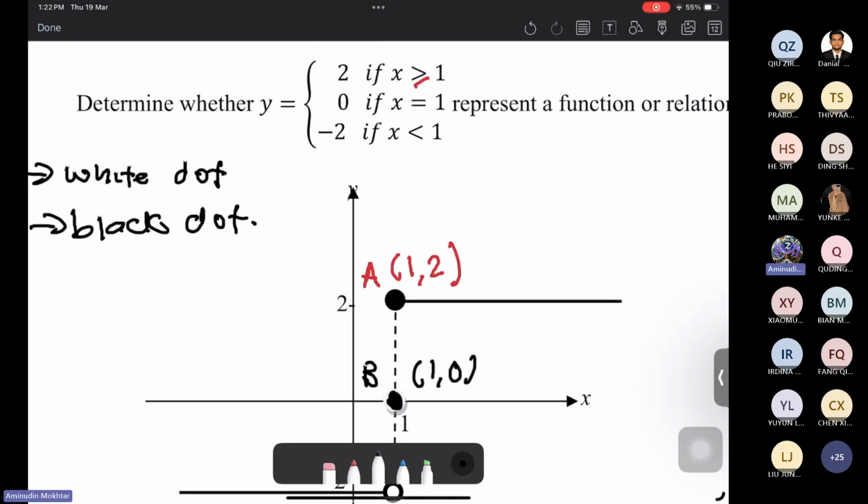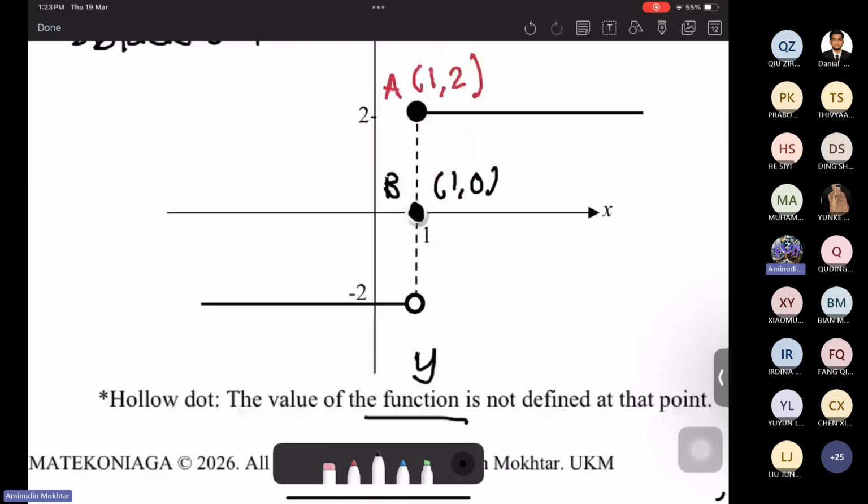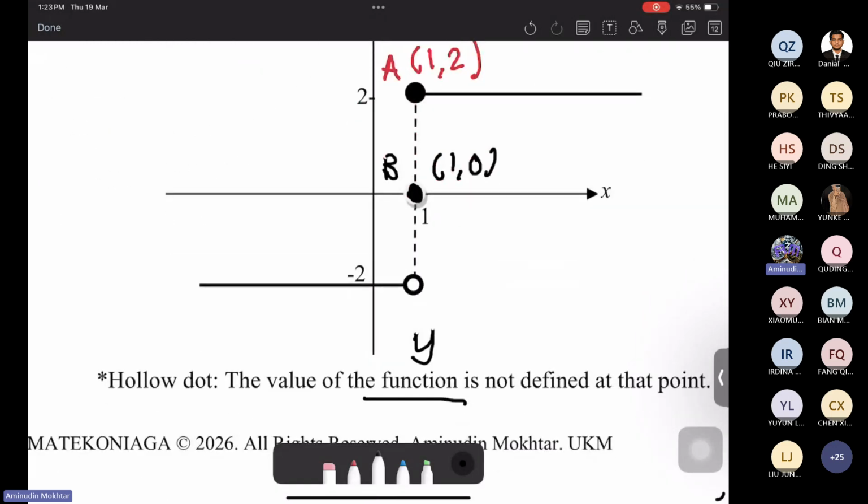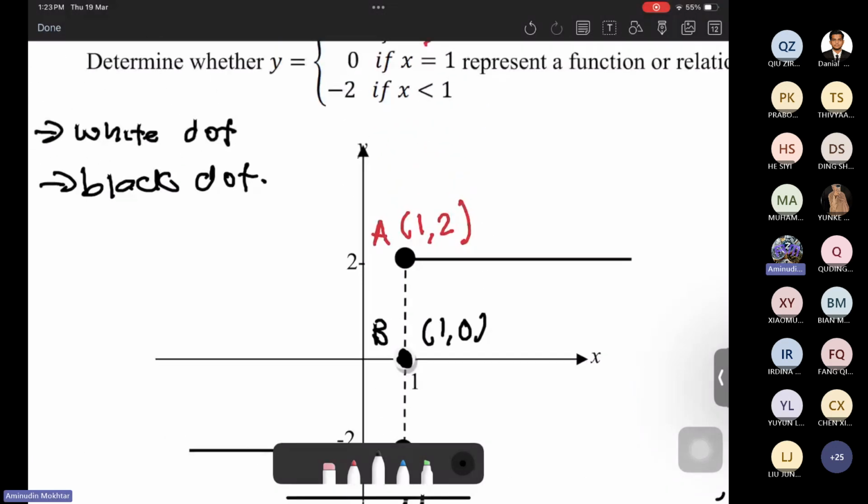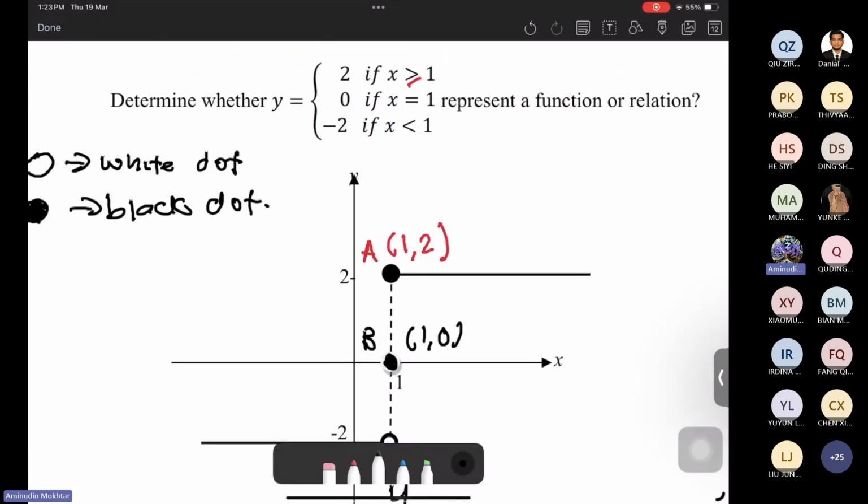The third structure, y equals -2 if x is less than 1, not including 1, so the line and the white dot remain the same. Now we have two black dots when x equals 1, at point A and point B. Point A shows the value of y exists. Point B also shows the value of y exists.